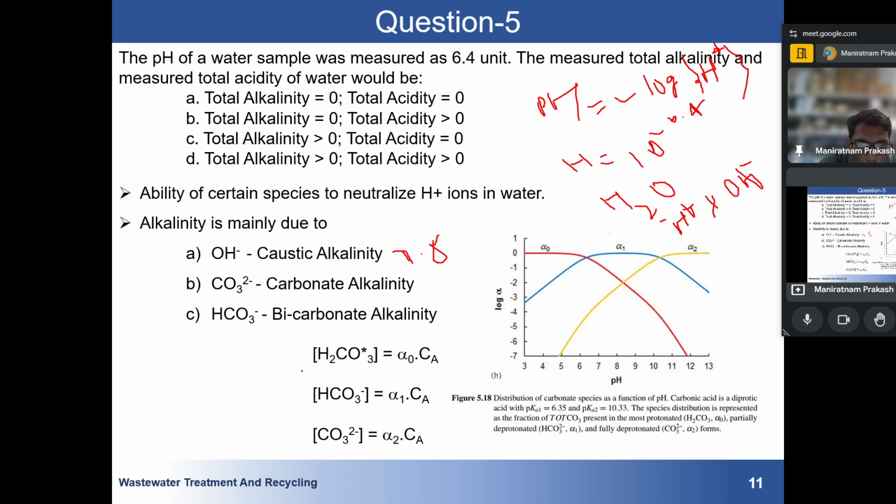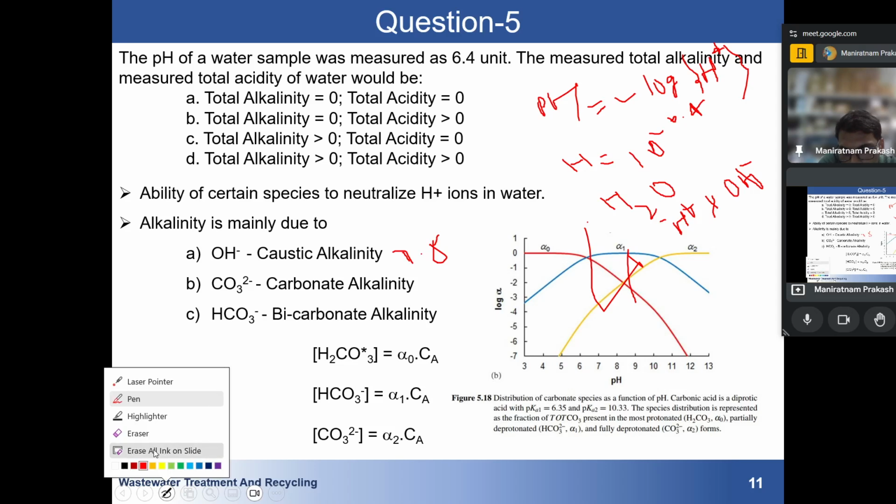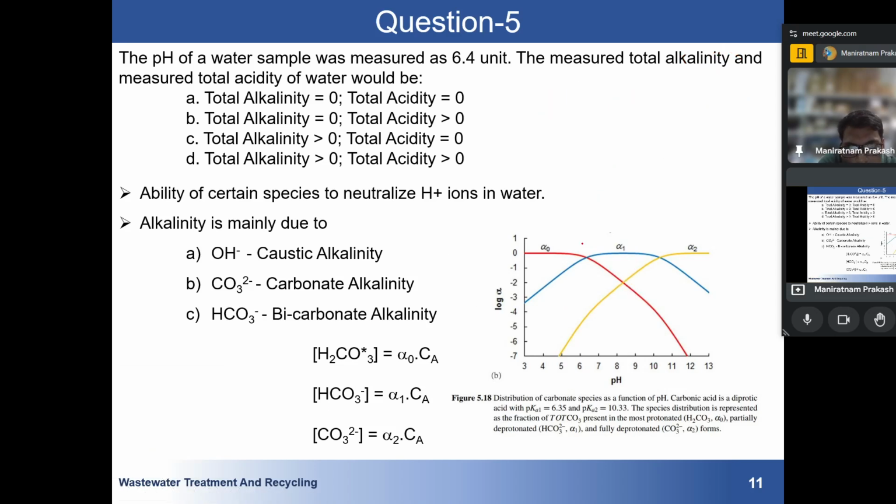You can see this H2CO3 aqueous, star means aqueous. Now we know that there are two H plus, so it will dissociate at two points.